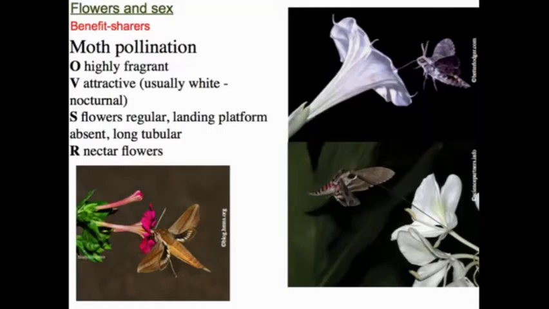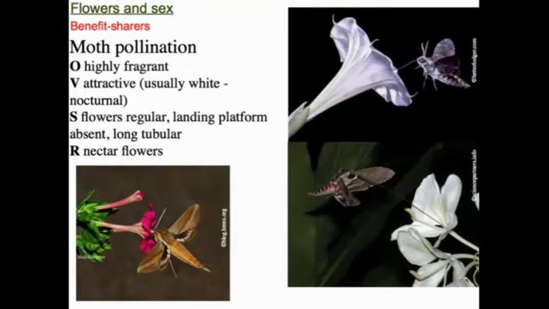So we don't have any landing platforms here. And we have usually long tubes. So these flowers are always tubular. You can see this here or here. And there's no landing platform because the moth can hover in front of the flower. And as I showed you, the length of the tube is correlated with the length of the tongue. And the reward is usually nectar, no pollen.